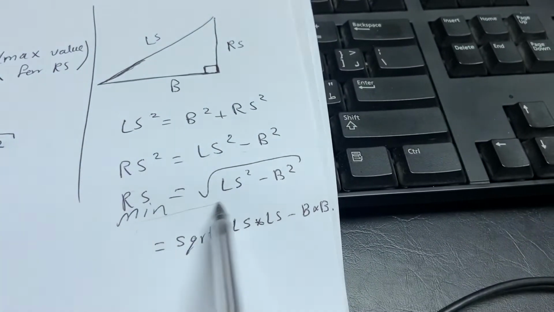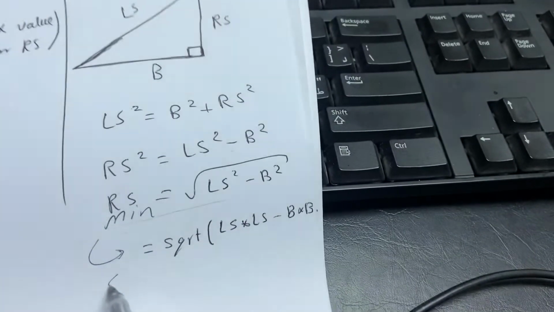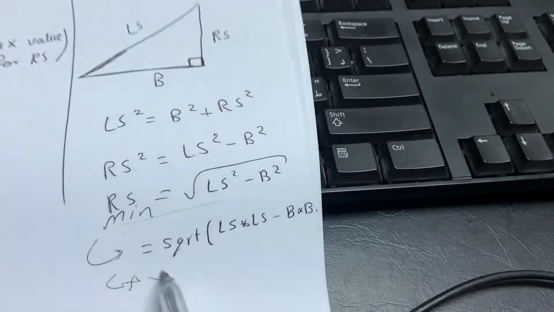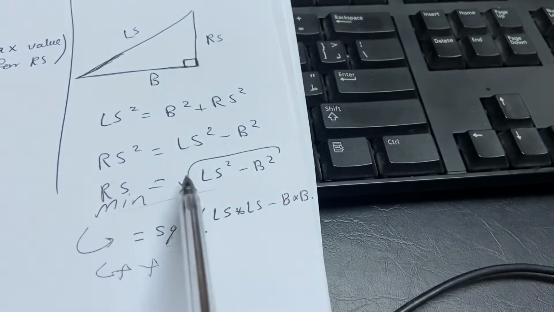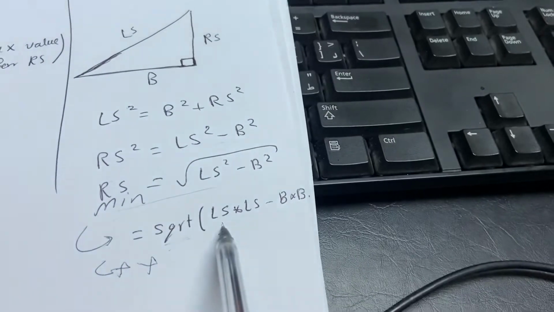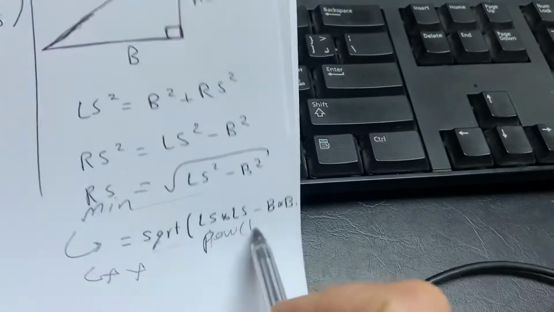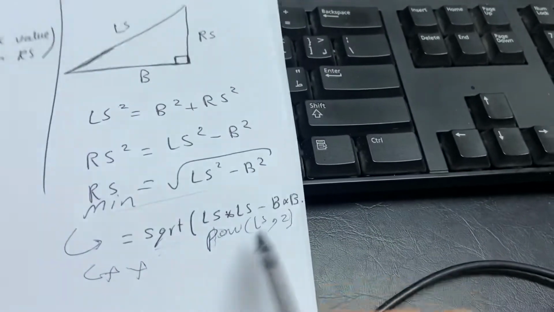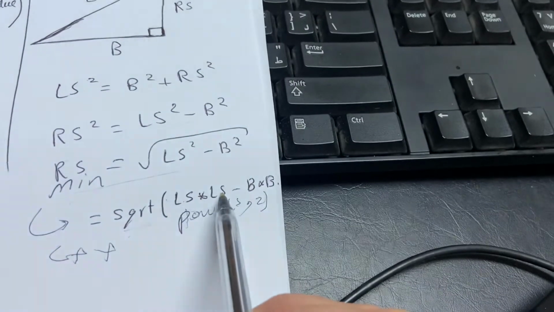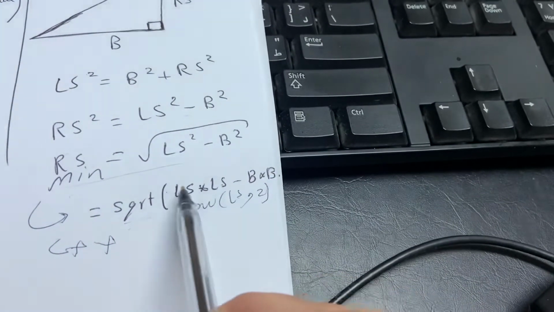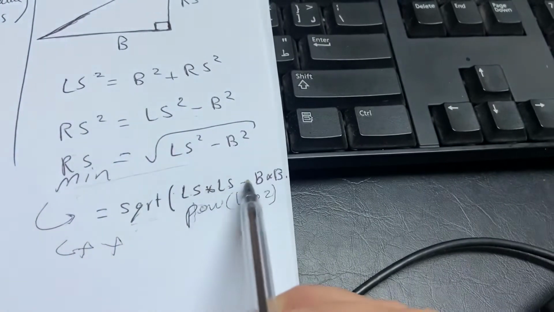This is a mathematical expression, and we can convert it to a C++ expression. So how can we convert the square root? We will use the sqrt function, and we may use here the pow function, pow of LS, 2, which means LS times LS, or we can simply use LS times LS minus B times B, and multiplication has priority over subtraction.